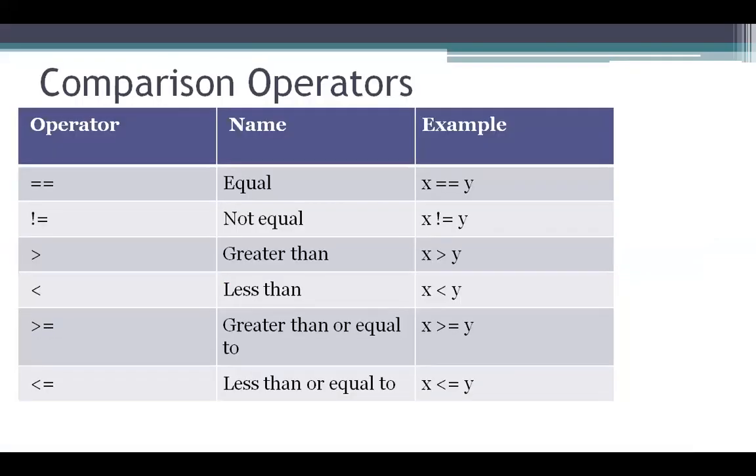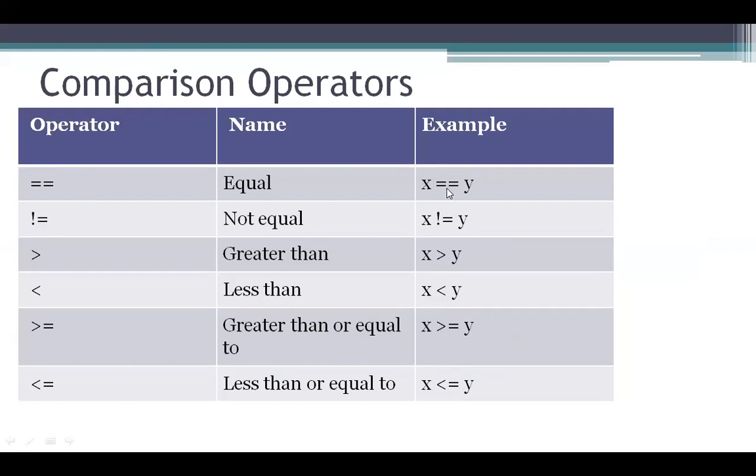So the next thing is comparison operators. For the comparison, we use these operators, and the first is equal, where we use the symbol double equals. For all these operations the result will be in terms of Boolean.